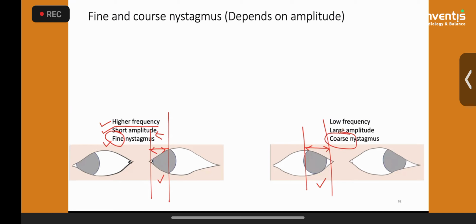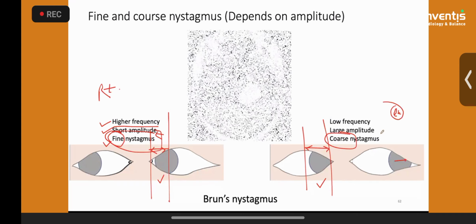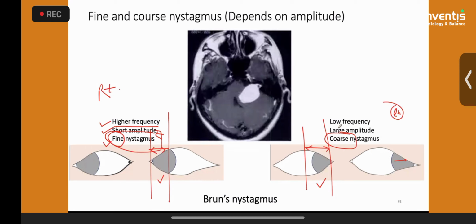Suppose a patient looks toward the right side and gets fine nystagmus, and the patient looks toward the left side and the same patient gets a coarse nystagmus, then it is called Bruns nystagmus. This is seen in CP angle lesion, and the lesion is on the side of the coarse nystagmus because the vestibular nerve gets damaged here.